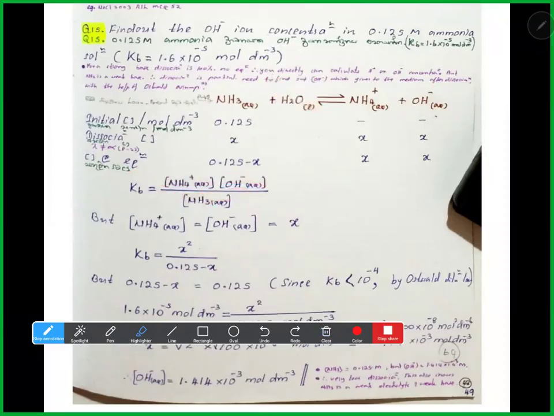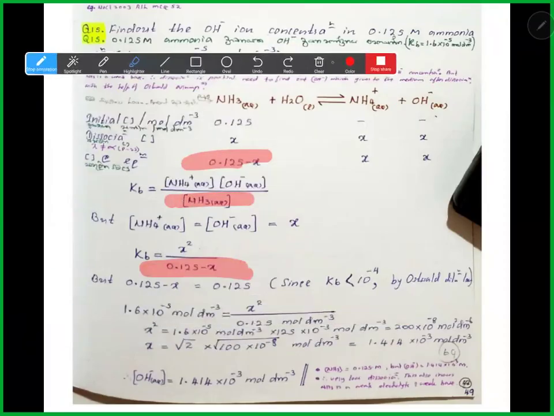Then instead of these two, I can write X squared here. Instead of this ammonia, I'm writing this one. Then the Ostwald dilution approximation: if Kb is really low, we can forget this small x. Then 0.125 minus x becomes 0.125. Then you can cross multiply, then you can get the answer.